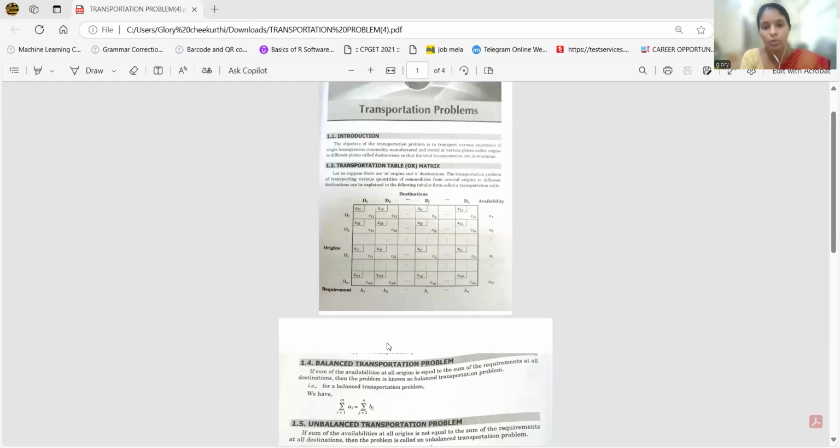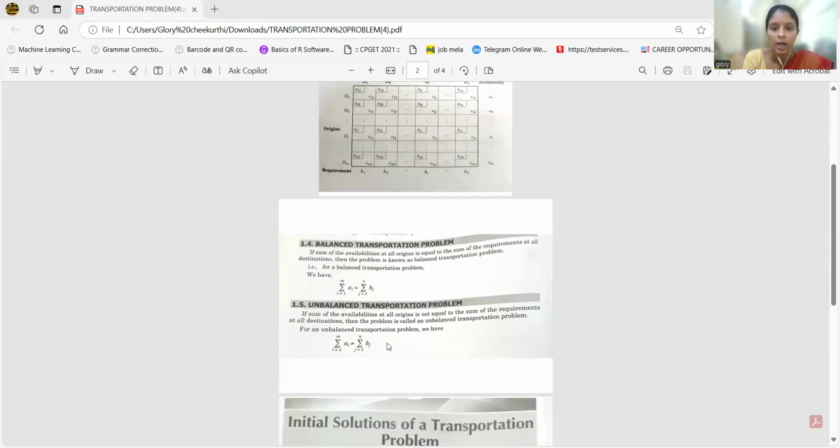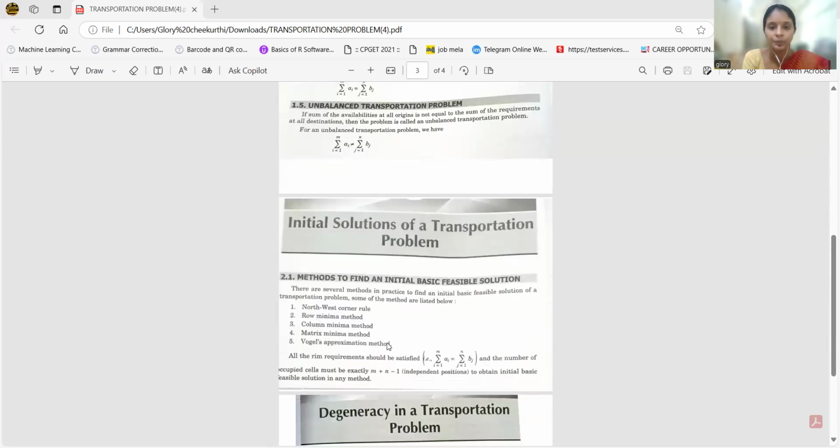Then the problem is said to be a balanced transportation problem. Symbolically, it is denoted as summation i equal to 1 to m of ai equals summation j equal to 1 to n of bj. If the total sum of availability is not equal to the sum of requirements, then we say it is an unbalanced transportation problem.